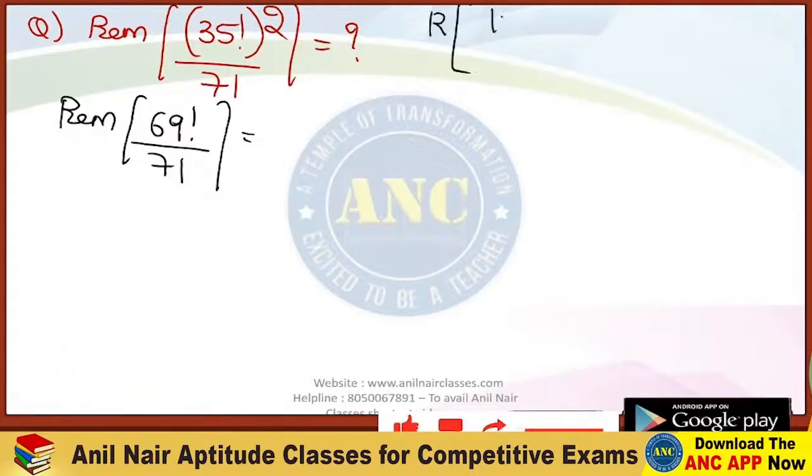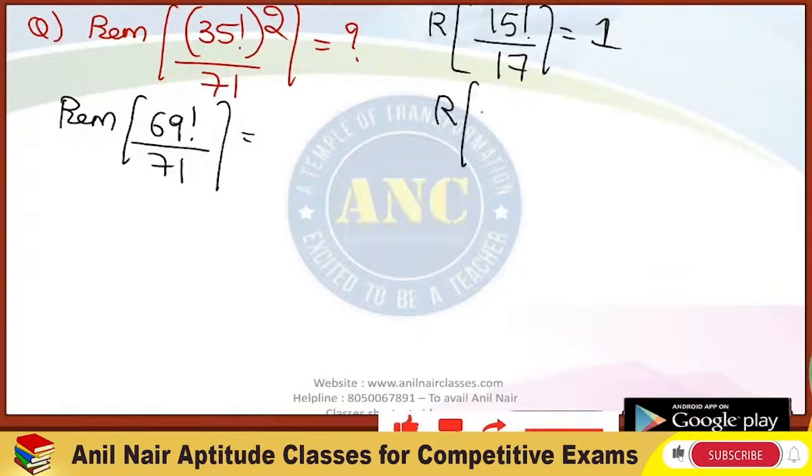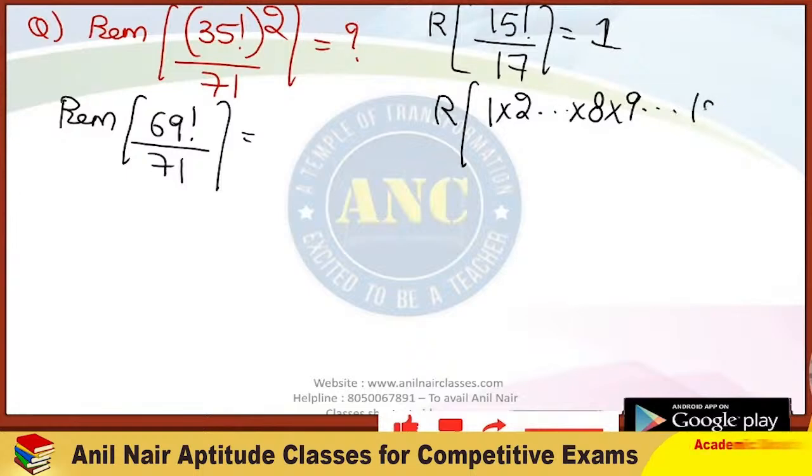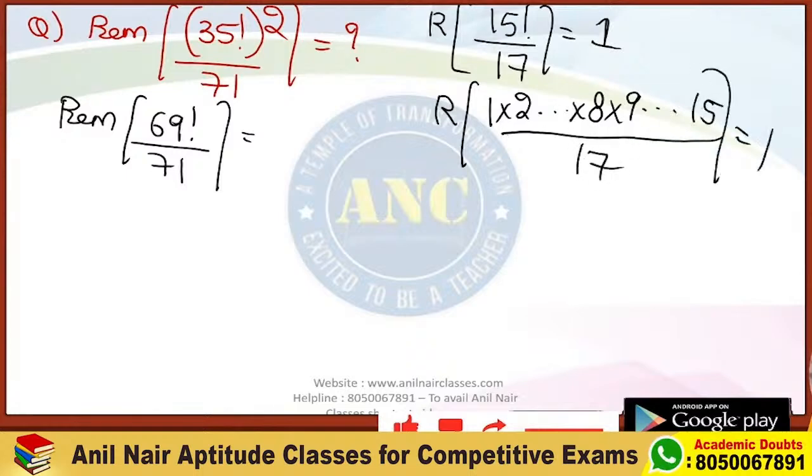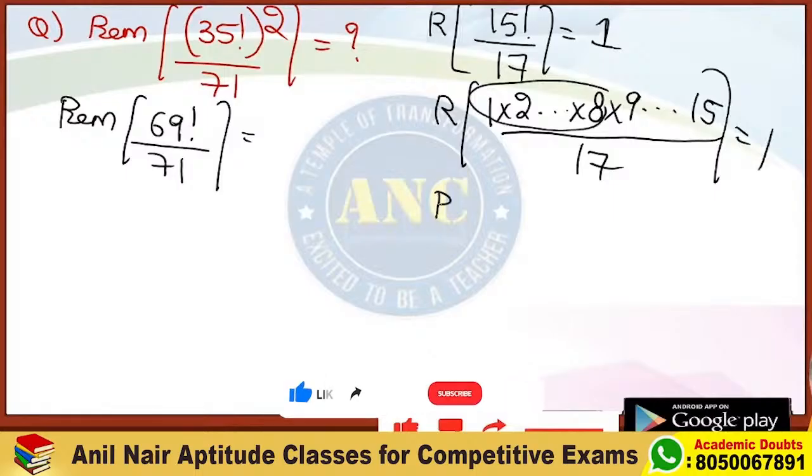In the previous question, 15 factorial by 17, we took it as 1, right? 15 factorial is 1 into 2 till 8, 9. P minus 2 factorial we took as 1 only, right? Into 15 divided by 17, it is 1. These are 8 factorial.